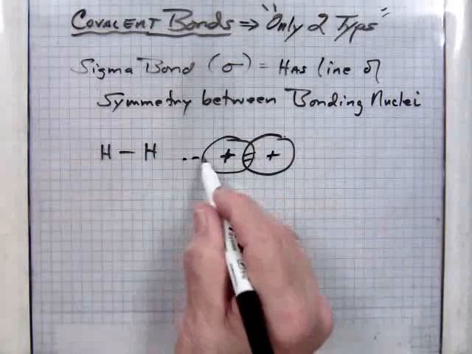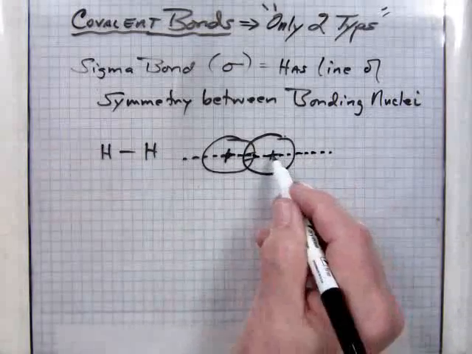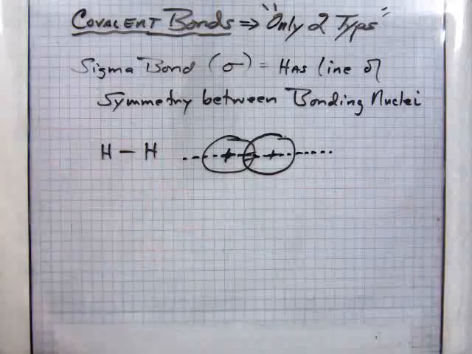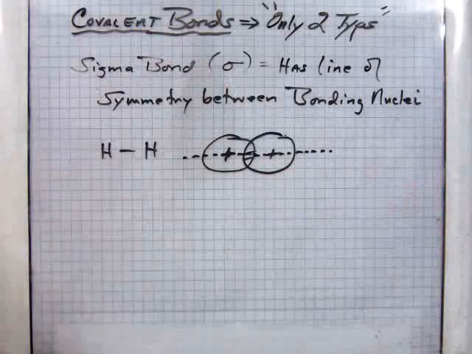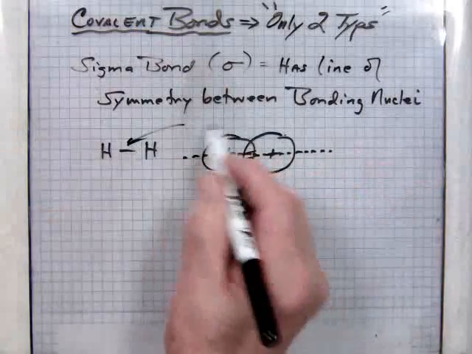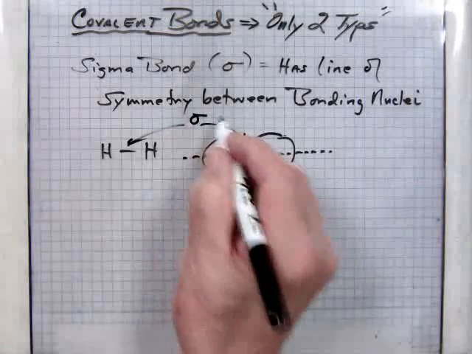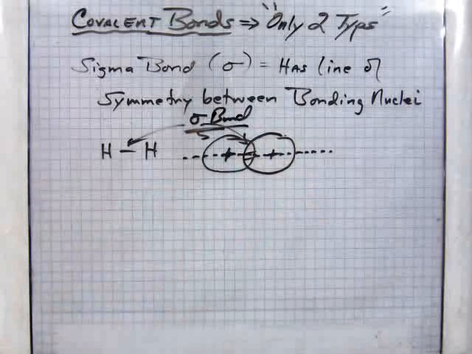And so if I draw a line that moves through both nuclei, then that's what we call a line of symmetry between the nuclei. And if that condition is met, then the bond here is a sigma bond. So that's the main thing.